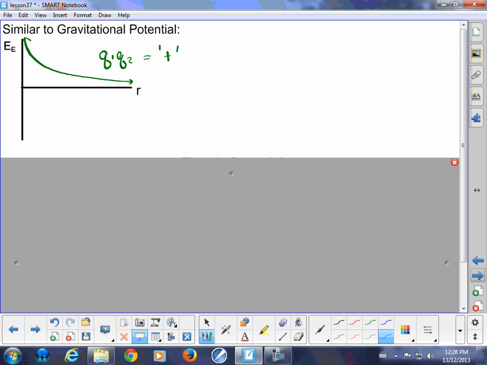Similarly, if we had particles on the other side, it would produce what we call negative energy. So for Q1, Q2 with opposite charges, we get negative energy, whereas this one would be for same charges.